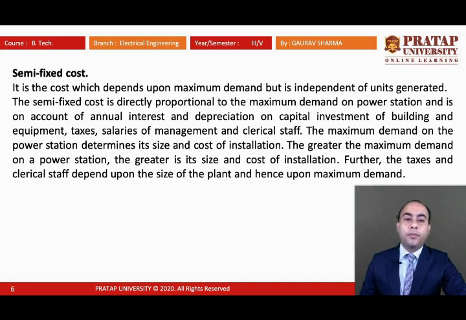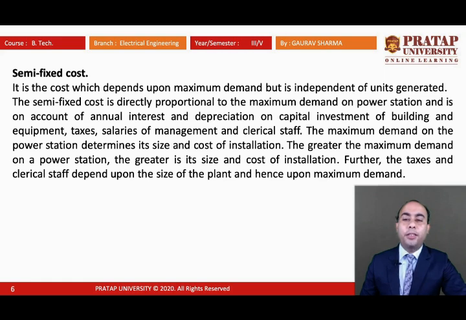The greater the maximum demand on the power station, the greater the size and the cost of the installation. Further, the taxes and clerical staff depend upon the size of the power plant and hence upon the maximum demand. So these all come in the semi-fixed cost.